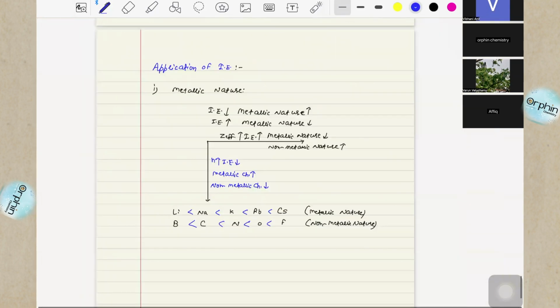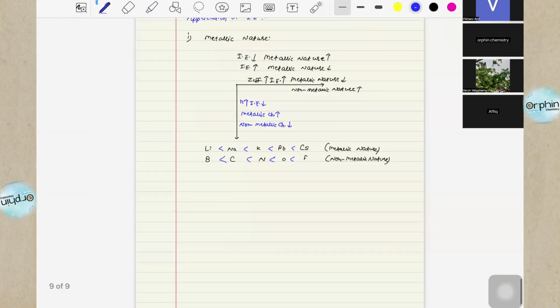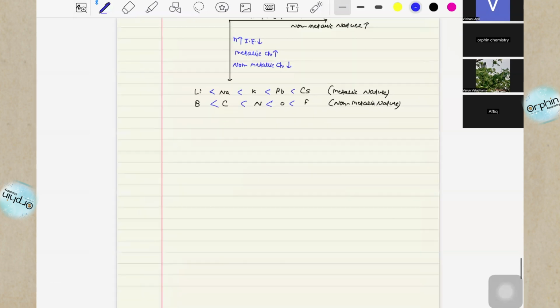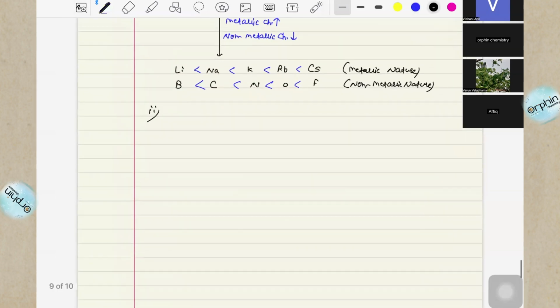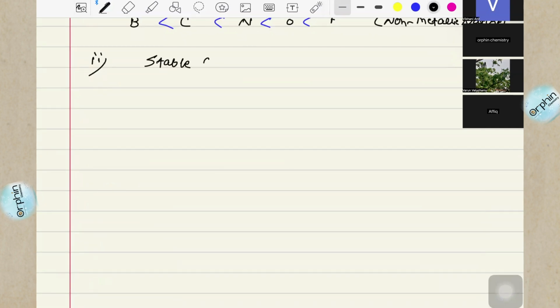Okay, so this is the first application of IE, by which we can compare the metallic nature. Second application, stable oxidation state. Generally, if the oxidation state is positive, that means removal of electron.